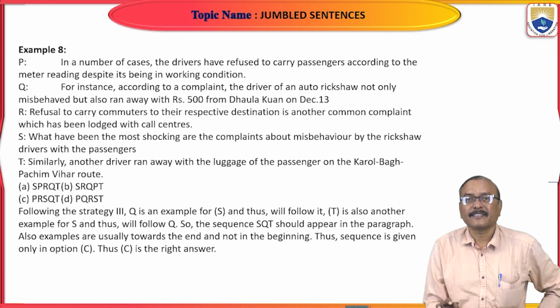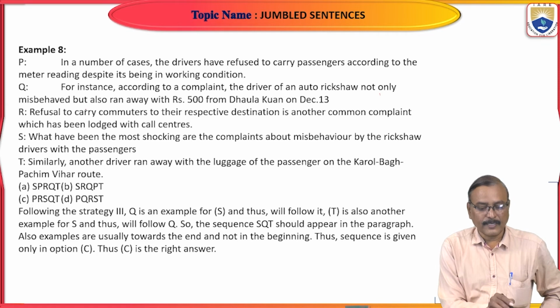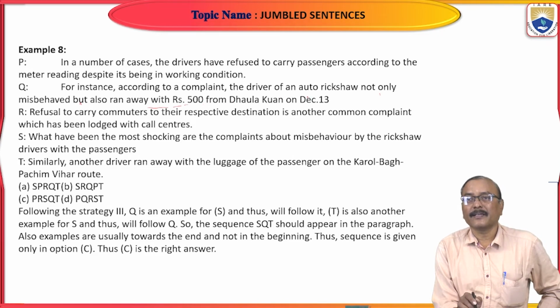For instance, for instance means for example. Example for what? According to a complaint, the driver of an auto rickshaw not only misbehaved but also ran away with rupees 500 from Dundigal on December 13.